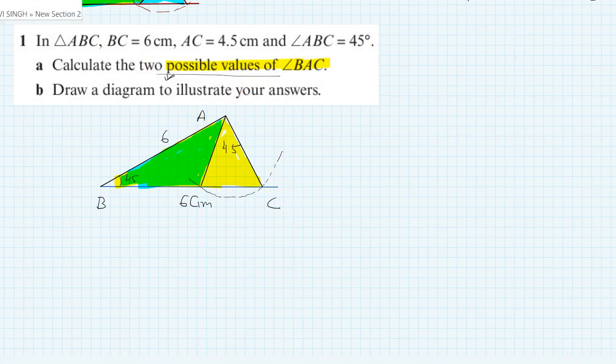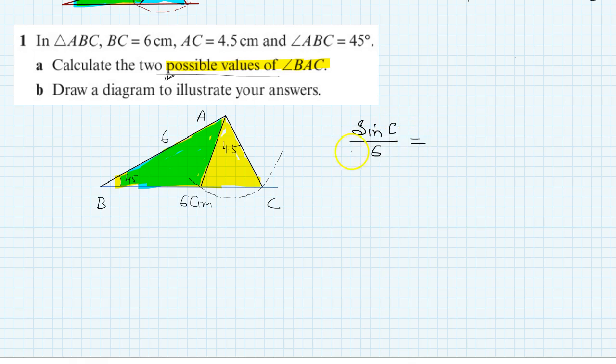So let's calculate it. Let's talk about this triangle, the bigger one, and we say that sine C over 6 is equal to sine B over 4.5. Sine B is 45 degree.